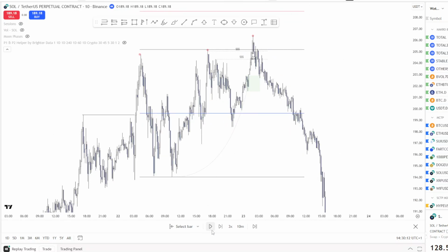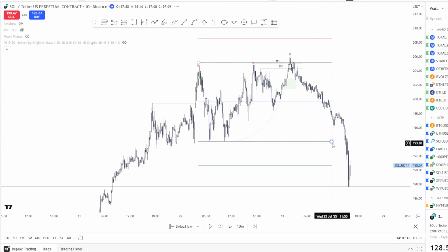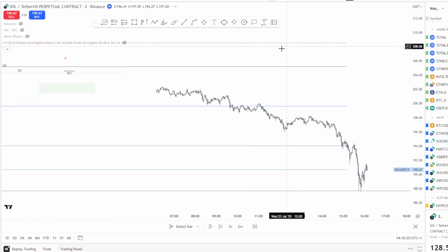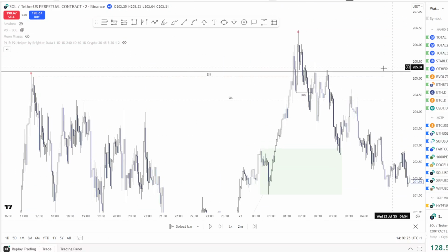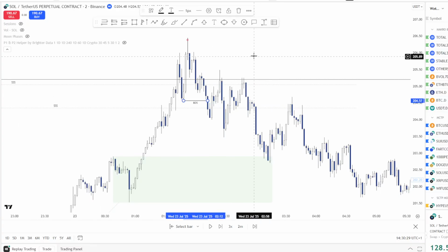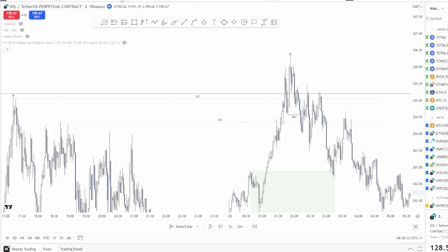Well, it hit the technical target. Nice. I did not enter because of the poor, for me, poor break of structure. But yeah, so let's analyze again.